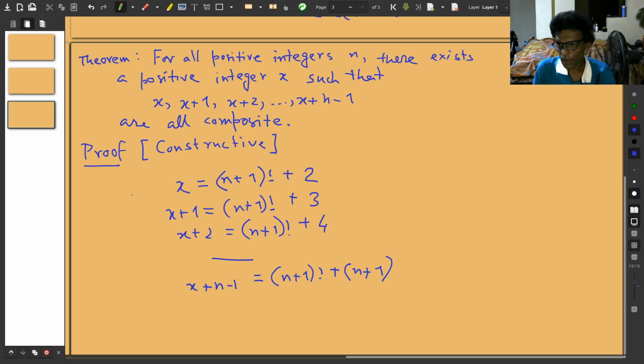Now I will show another example. This is once again regarding primes, and I will show that we may have non-constructive proofs also.